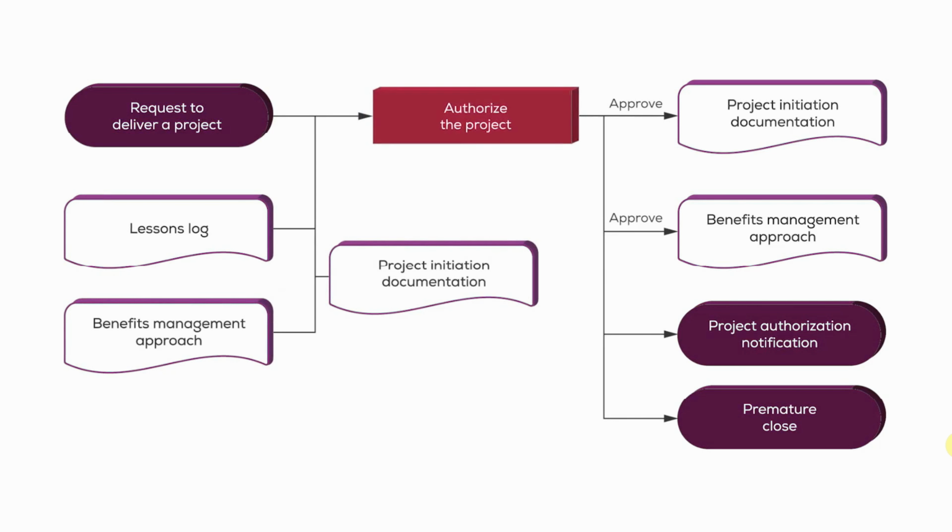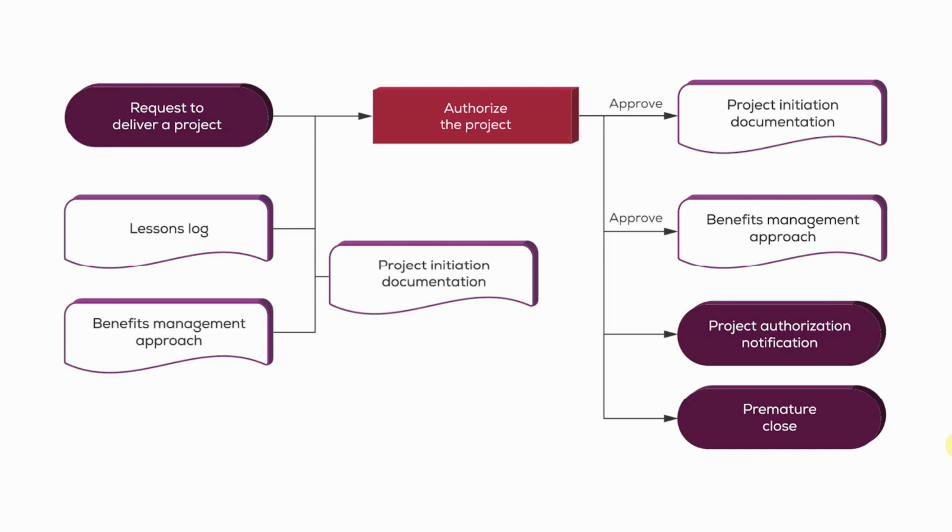So, as part of authorizing this project, the board will approve the project initiation documentation, and in doing so, they approve all of the constituent parts of the project initiation documentation. So the management approaches, the plan, the project product description, and so on and so forth.